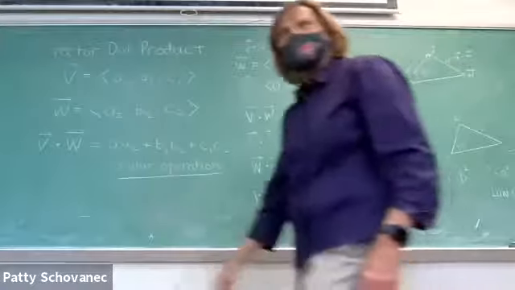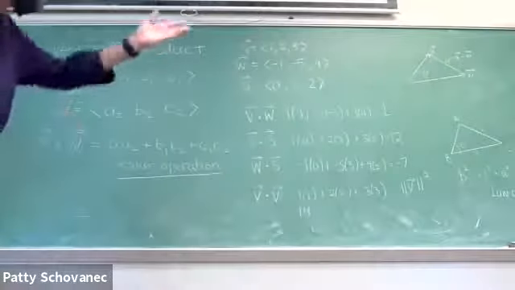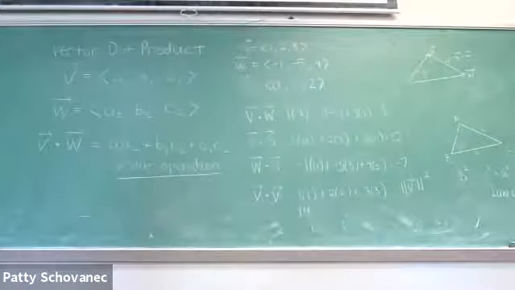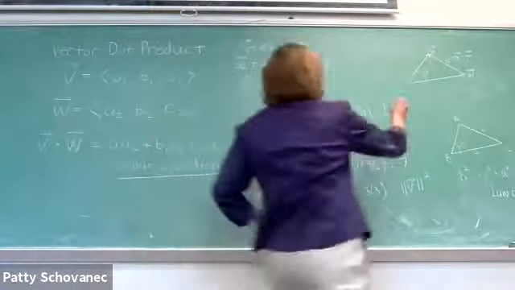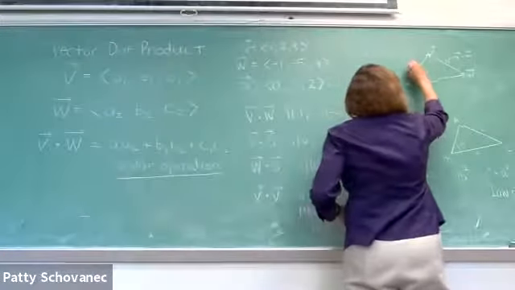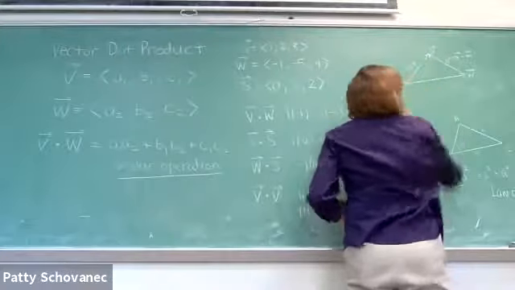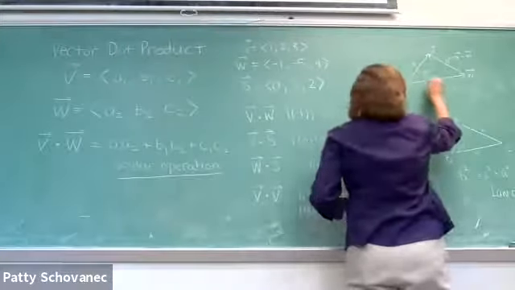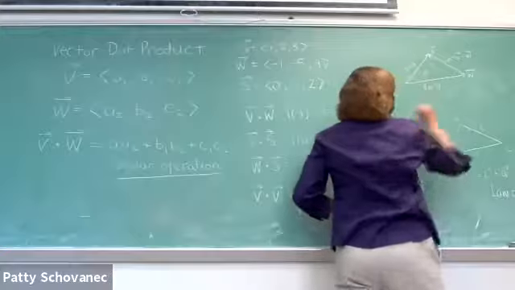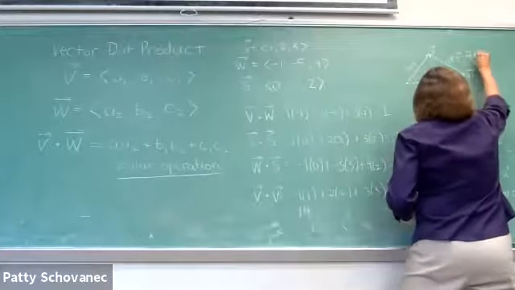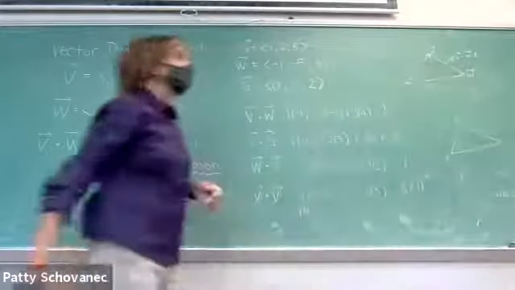Whew. What does that have to do with my vectors here? Okay, this is at the origin, this length is the magnitude of vector v. This length is the magnitude of vector w. And so this length is the magnitude of v minus w.